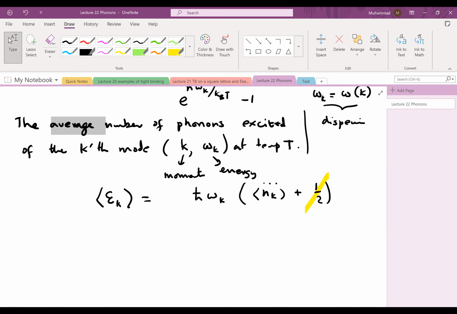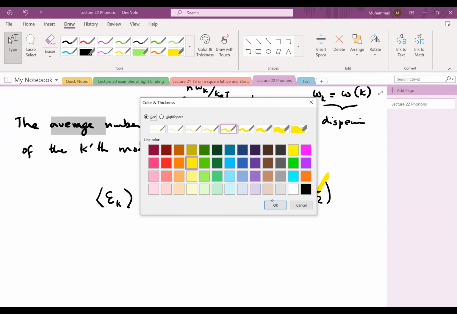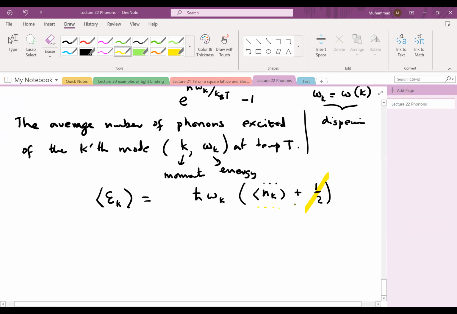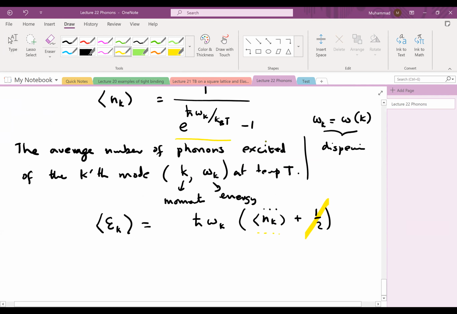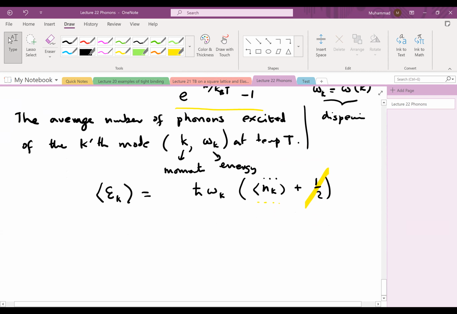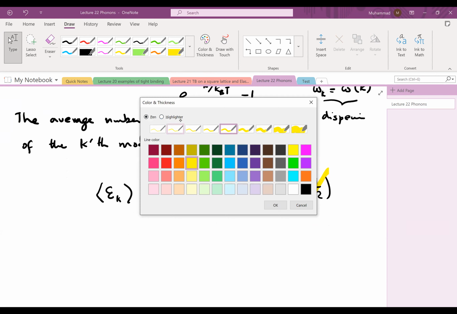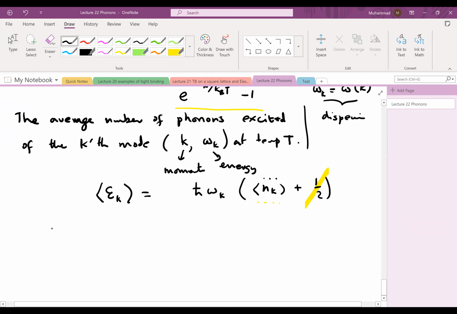I can also insert the value of nk, this Bose occupancy factor, and arrive at another alternative relationship for the energy. So the total energy of the system at temperature capital T, considering not the energy of the electrons but just of the oscillations of the atoms that make up this solid, I'll have to sum up over all these modes.